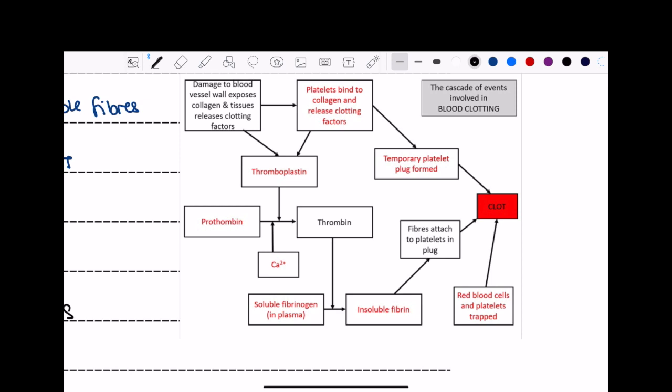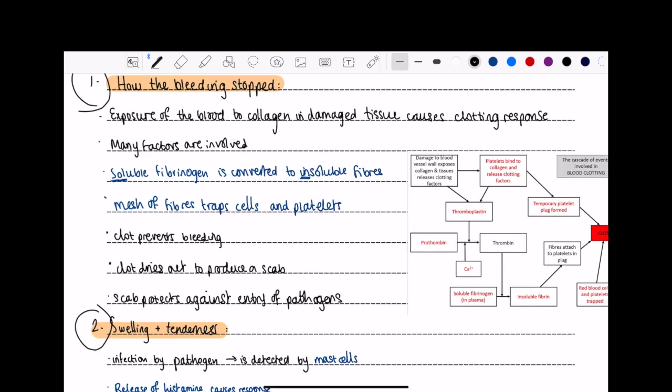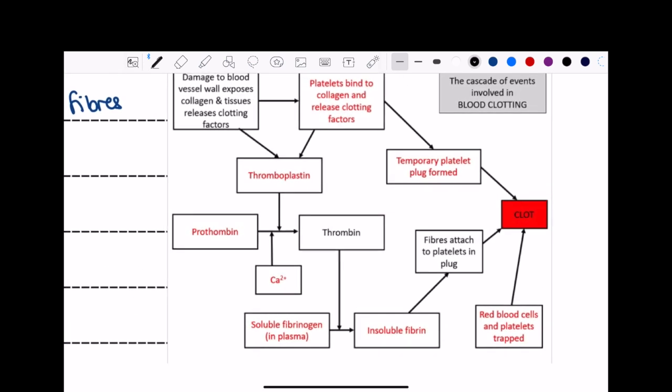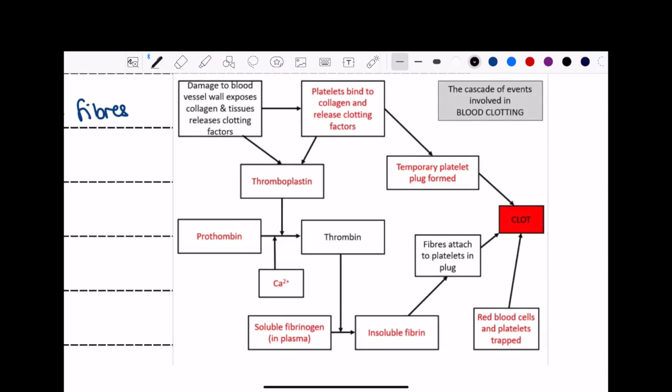For the first one, this diagram here, memorize this and try to understand it. This is how I learnt the blood clotting cascade, and this is how I was able to write all of this, because I got it directly from memorizing this diagram.